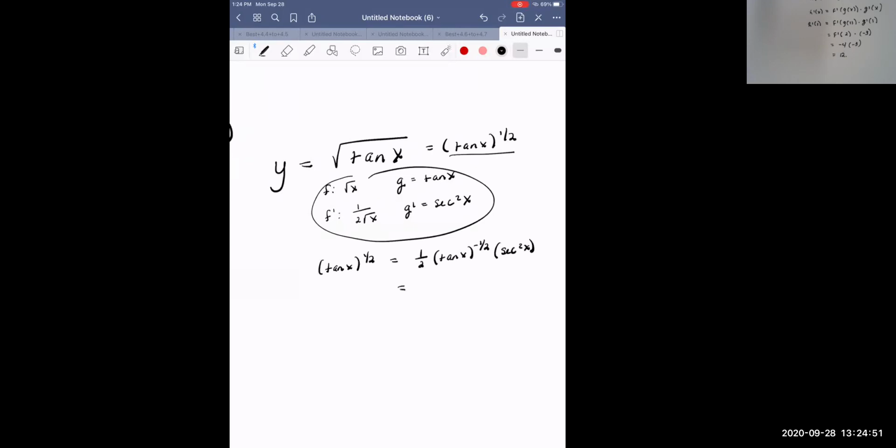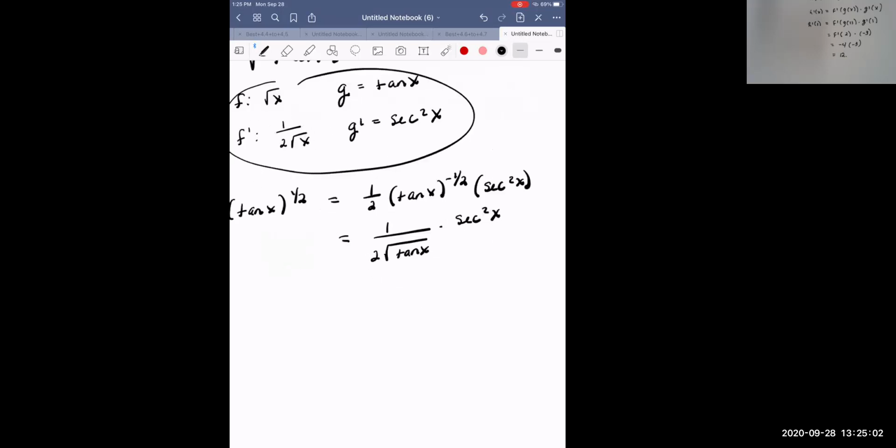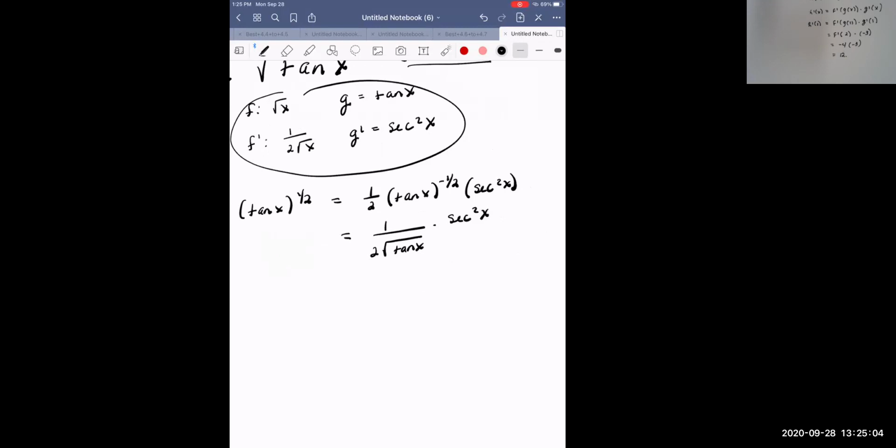So this is going to become 1/2 root tan x times the secant squared of x. And to clean this up a little bit more, I would just write it like this: secant squared of x over 2 root tangent of x. And you're good at that point. That makes sense?